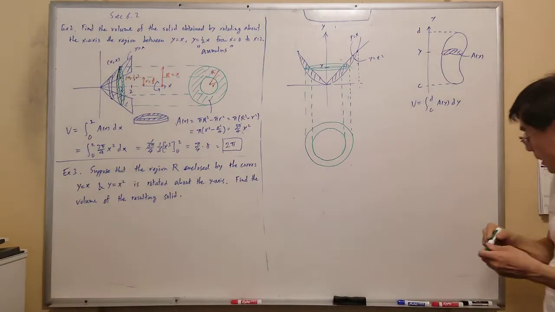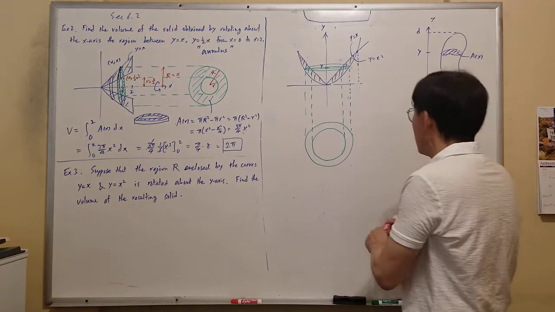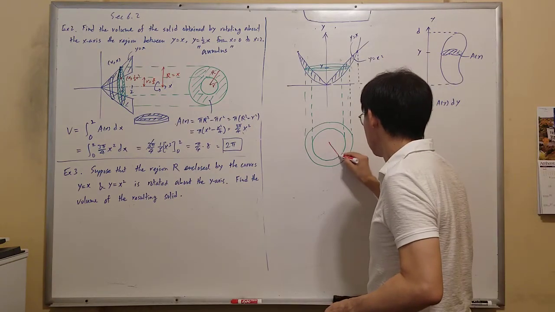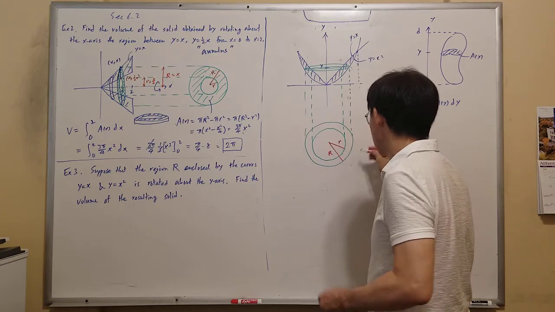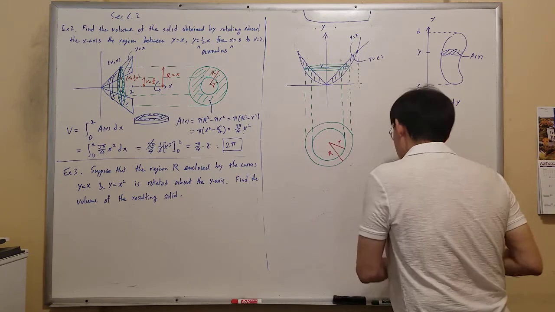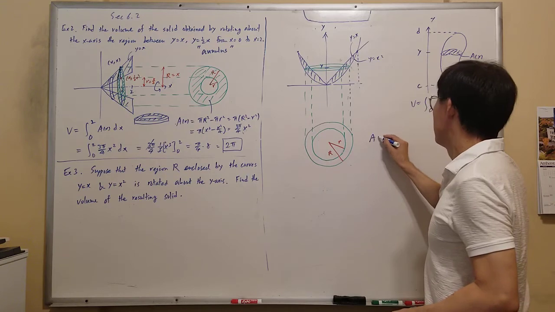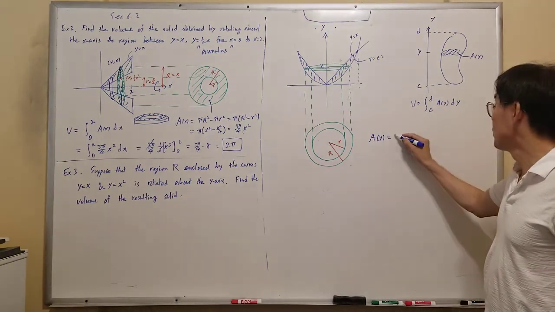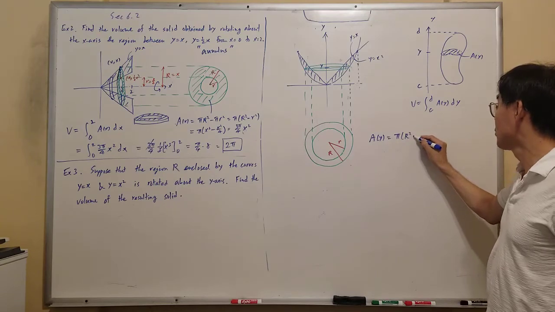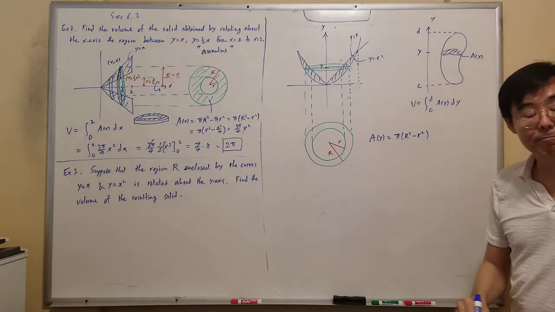Again, outer radius minus inner radius. The cross-section area function is pi times capital R squared minus lowercase r squared.